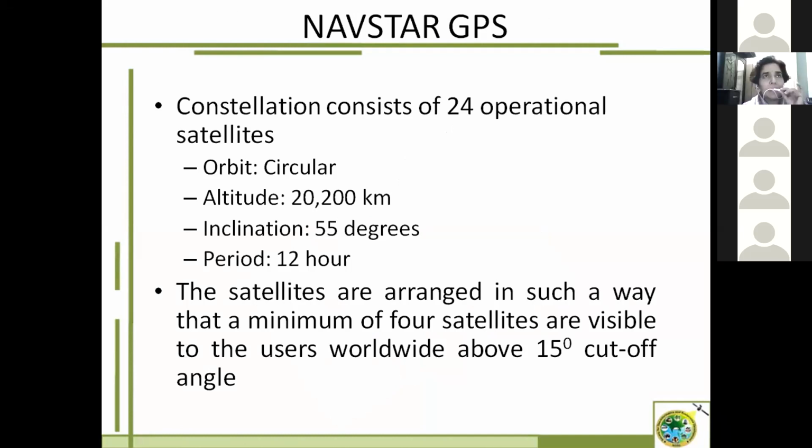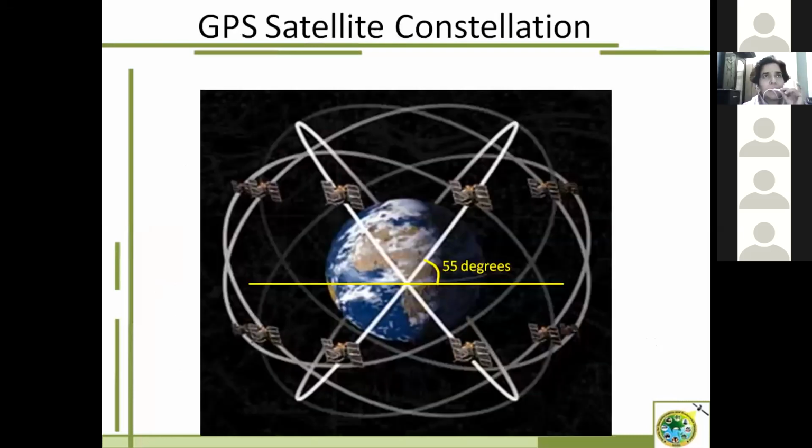Why are 4 satellites required? Because every time they are in a moving position, and for accuracy we have to match the inclination with position, overlapping with the 4 satellites, because Earth is also moving and satellites are also moving.